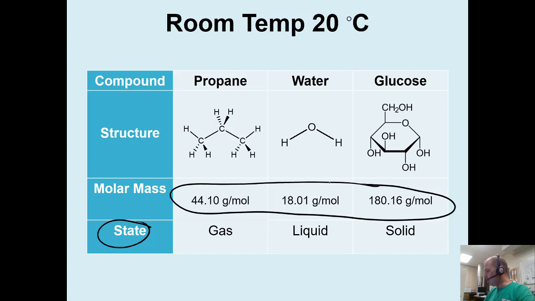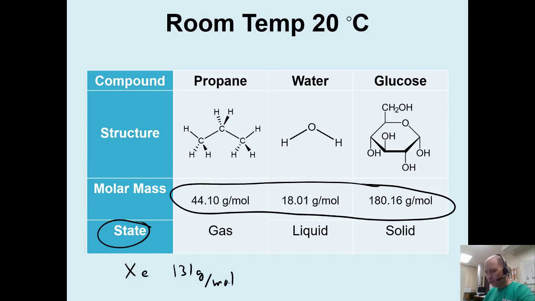So we should not focus on that when we are determining the state of matter. For example, we have xenon gas, and xenon has a molar mass of 131 grams per mole, and just because it's higher than that of propane and water doesn't make it a solid or a liquid. In fact, it is a gas.